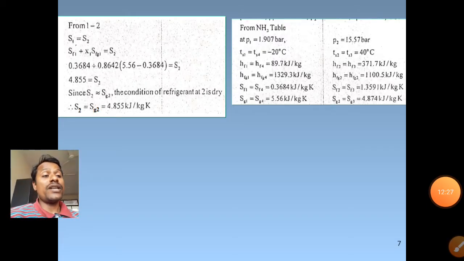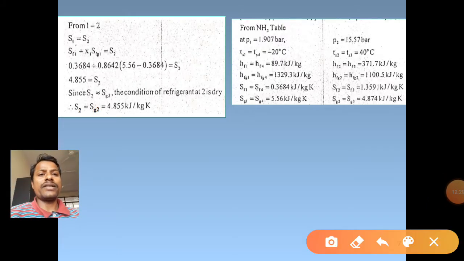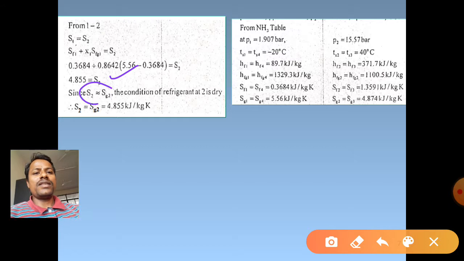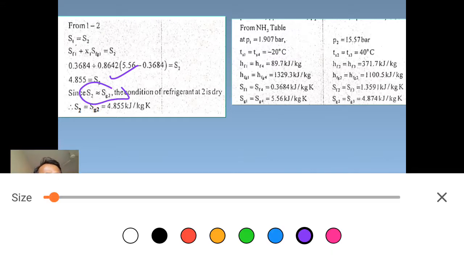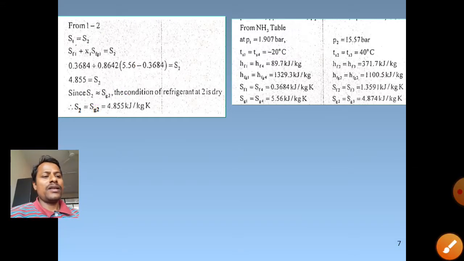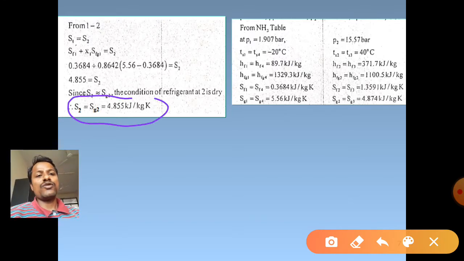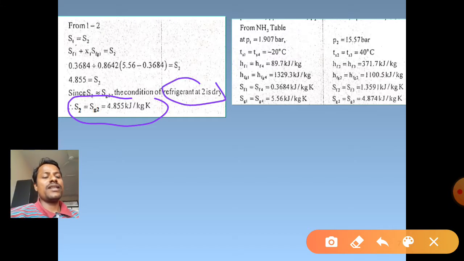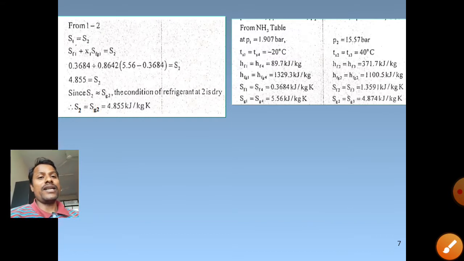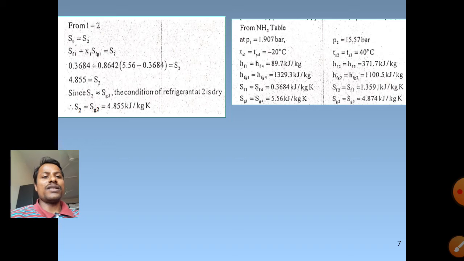So after substitution we are able to calculate the S2 value as 4.855. We can check the values, compare, and by that we are able to judge that S2 is equal to SG2. So hence the condition of the refrigerant is dry saturated at the outlet of the compressor.